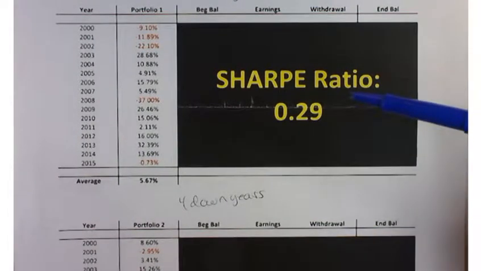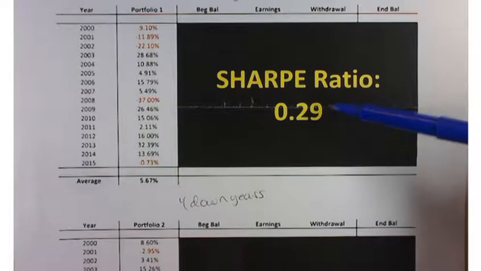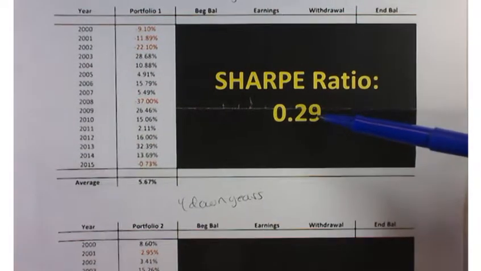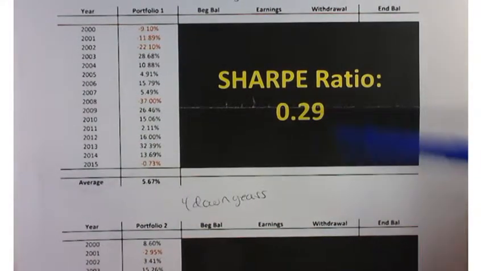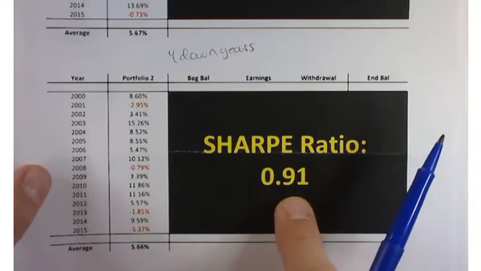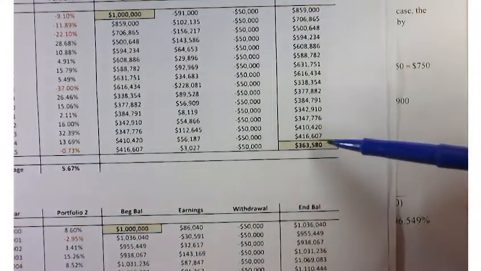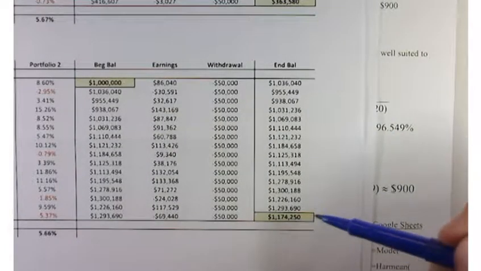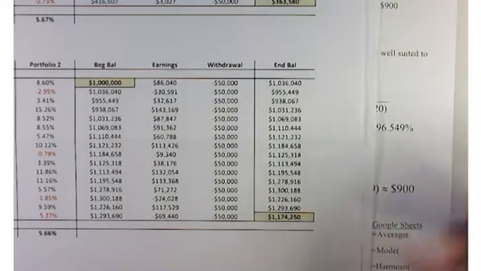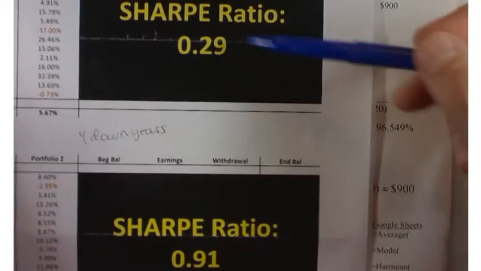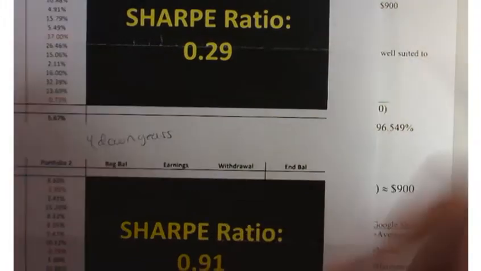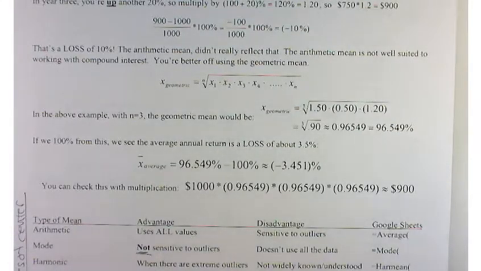They said, oh, we've got the Sharpe Ratio, which also did a good job. We're not going to calculate the Sharpe Ratio here. 0.29 for this one, 0.91 for this one. Now, remember, there was a huge difference in their performance over time: 363,000 versus 1.174 million. So it makes sense that this one is low and this one is high. But the geometric mean would have done the same thing.